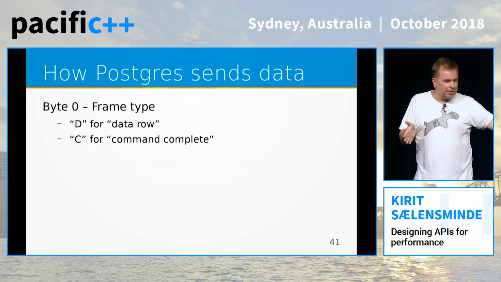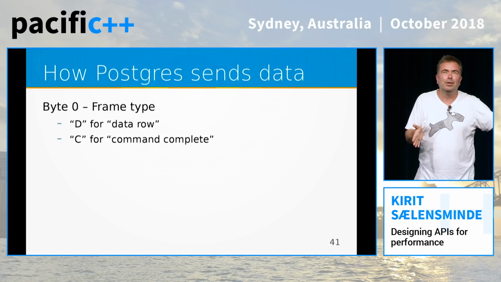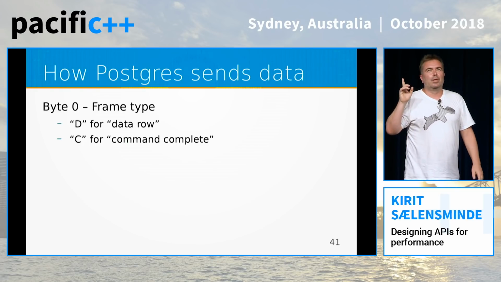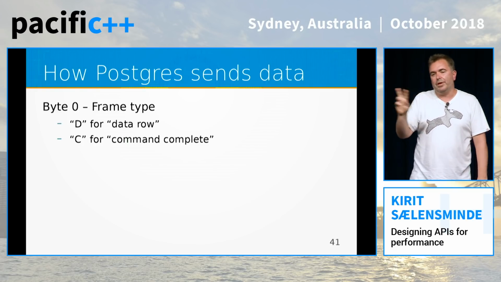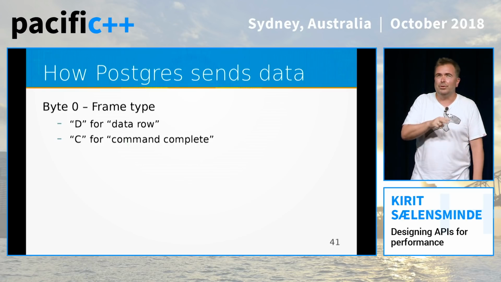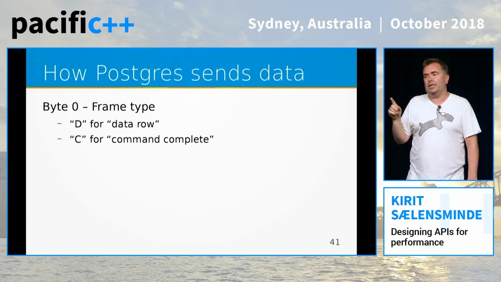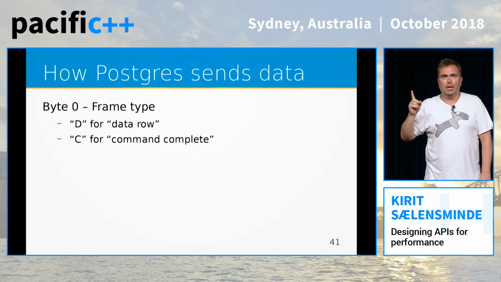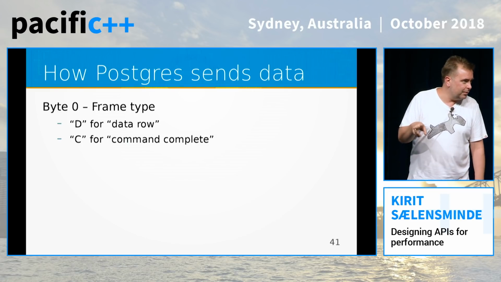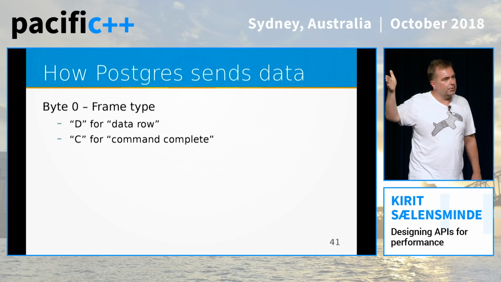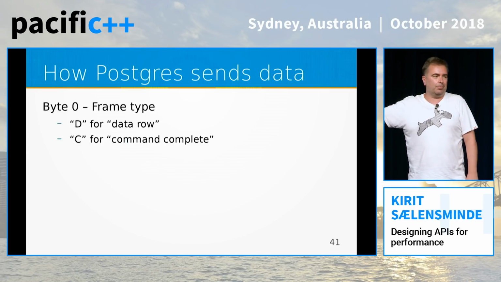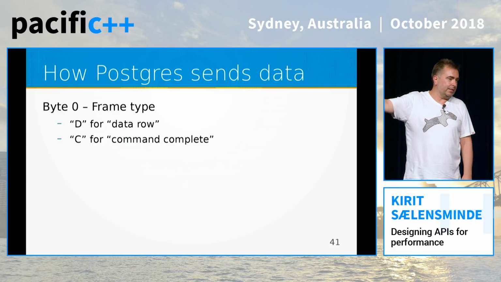I would say packets, but it's kind of an overloaded term, so I'm going to try and remember to say frame all the time. There are two frame types relevant to what we're doing right here. One is D, which is a data row. So the first byte will be D for data, and then we will get one C frame, which will say we finished, stop. We've now stopped sending data.